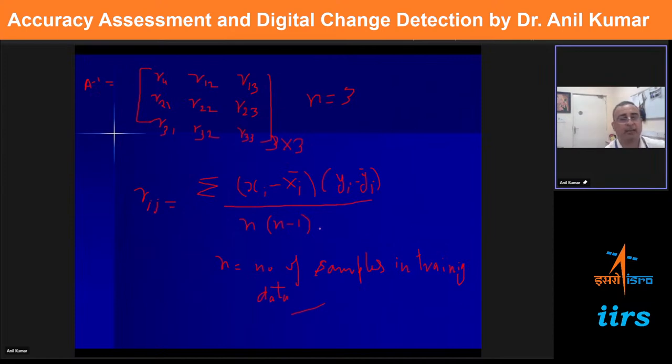So like this, you can calculate the elements of the variance covariance matrix, and then you can use it.